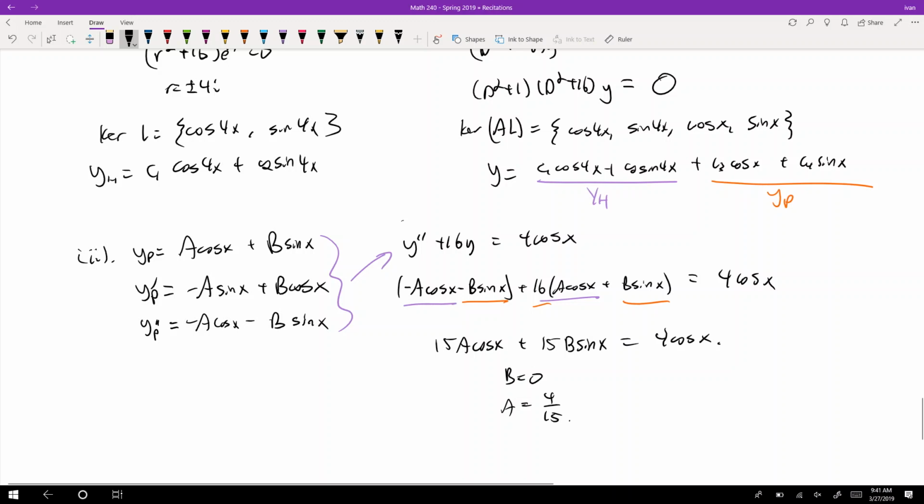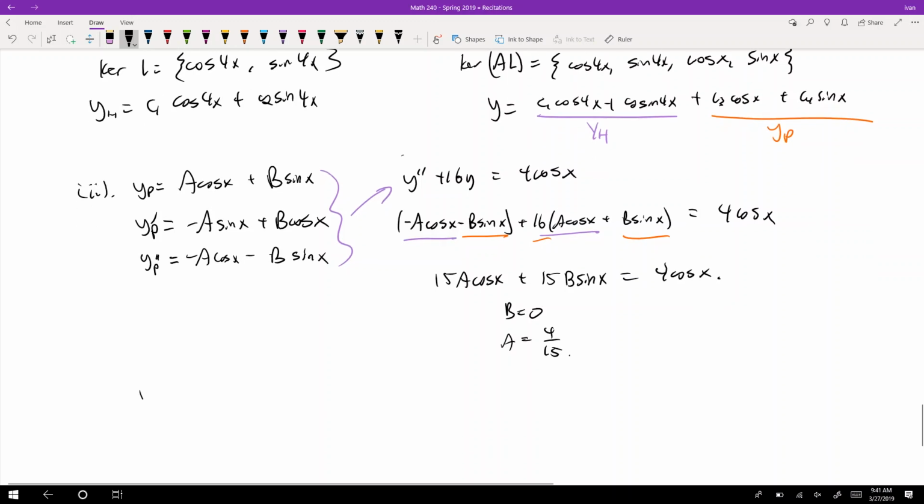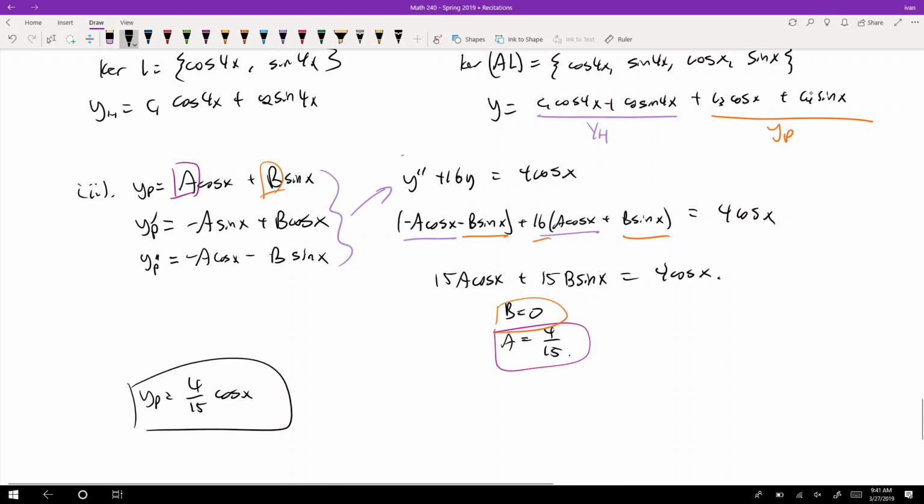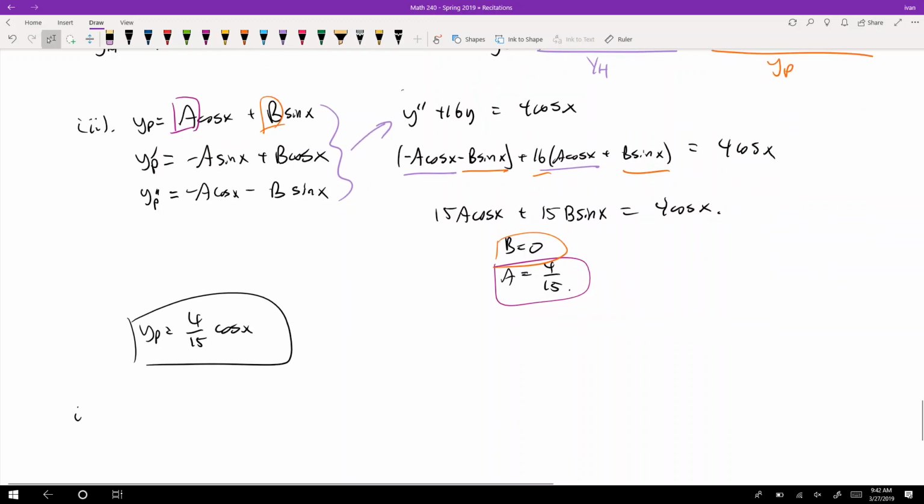Okay. So now our particular solution yp really is just 4/15 cosine x, right? Because we have the constant on a. So this is the A constant, and that goes back in here. And the B constant also goes back into the original YP. So here's YP. All right, step 4, general solution.